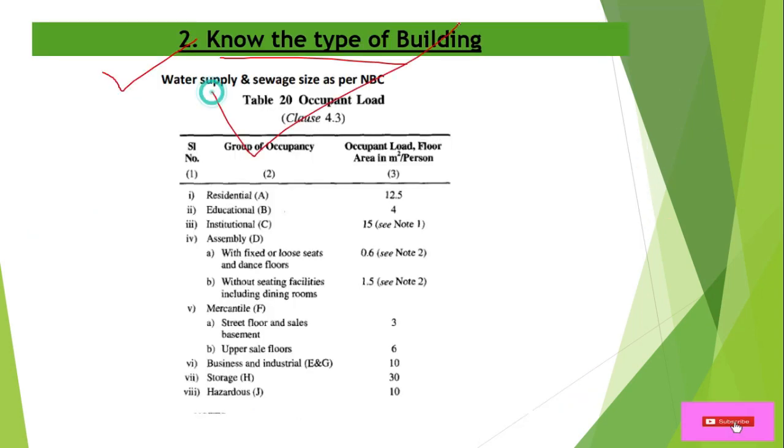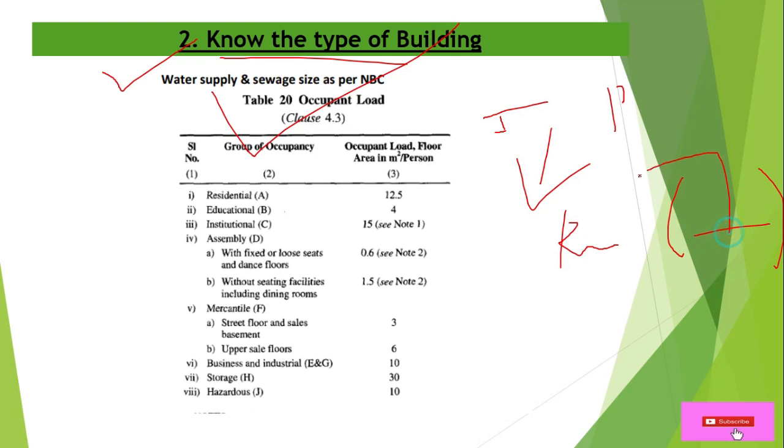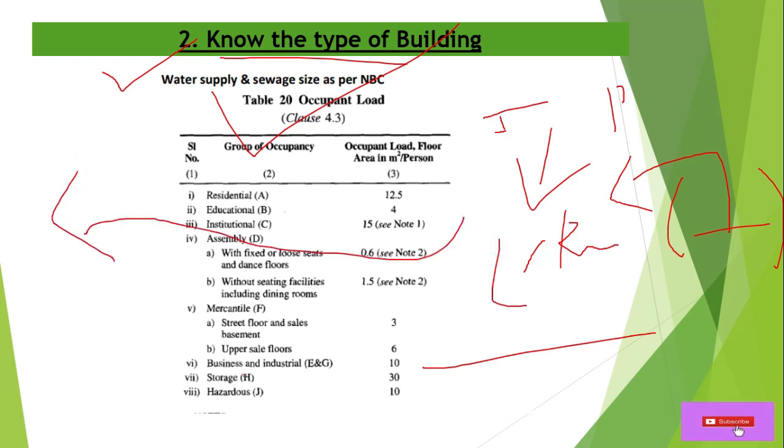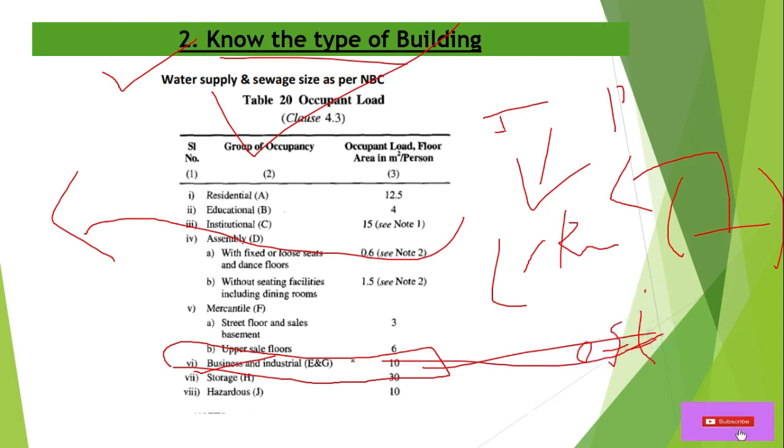The next step is to know the type of the building. So an IT building is related to an office building, it is of the business type. Where we perform business activities, transaction activities, it falls in the business building category. So all office related buildings fall in the business building category.